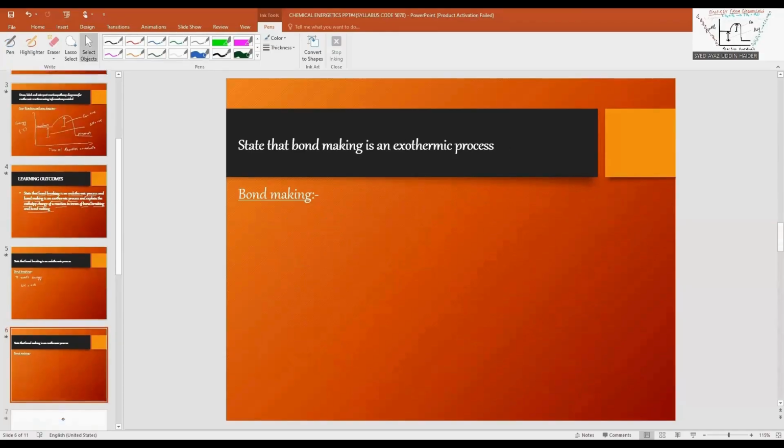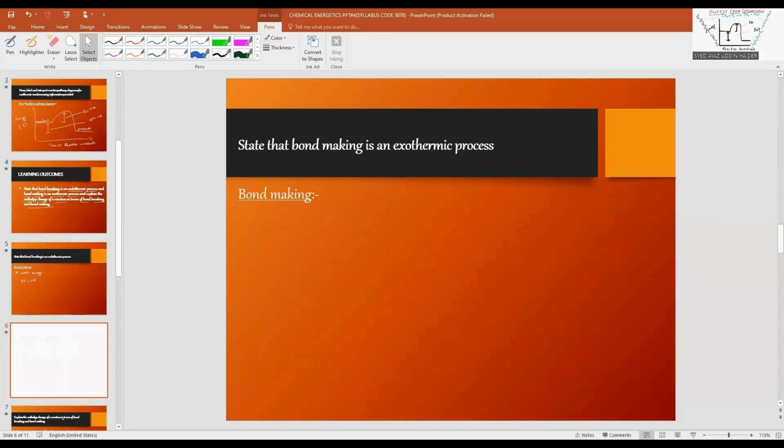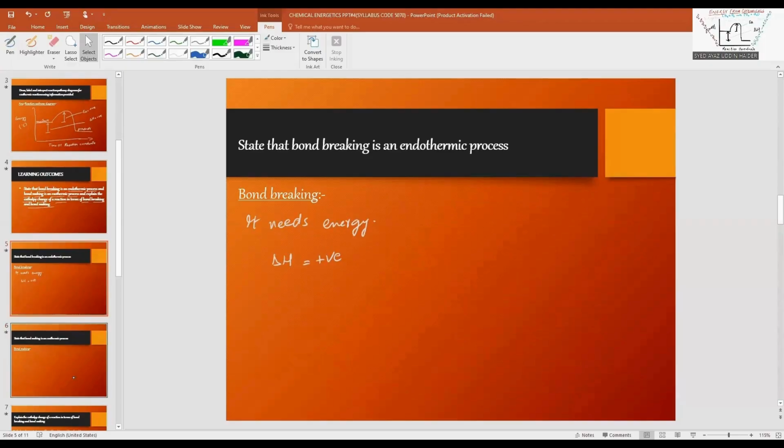In case of bond making, the energy is released. So delta H will be negative here.